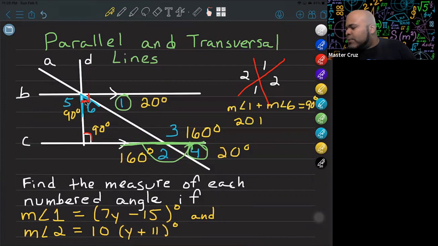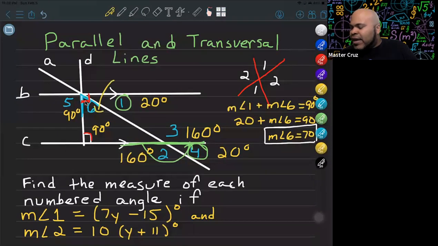So 20 plus the measurement of angle 6 equals 90, which means the measurement of angle 6 equals 70. So that's it. We found every single measurement for every angle that we have. Angle 1, 2, 3, 4, 5, and 6. That's how you apply all the theorems to solve one problem.